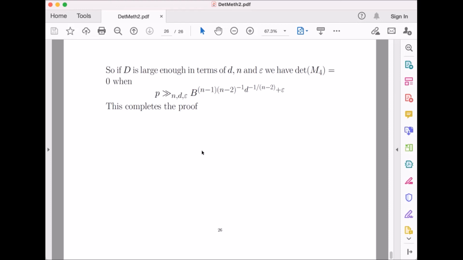The fact that they all lie over the same F_p point produces large powers of p in this determinant. You compare this large power of p with the Archimedean size of the determinant, and if your p is chosen suitably large, the determinant is 0.